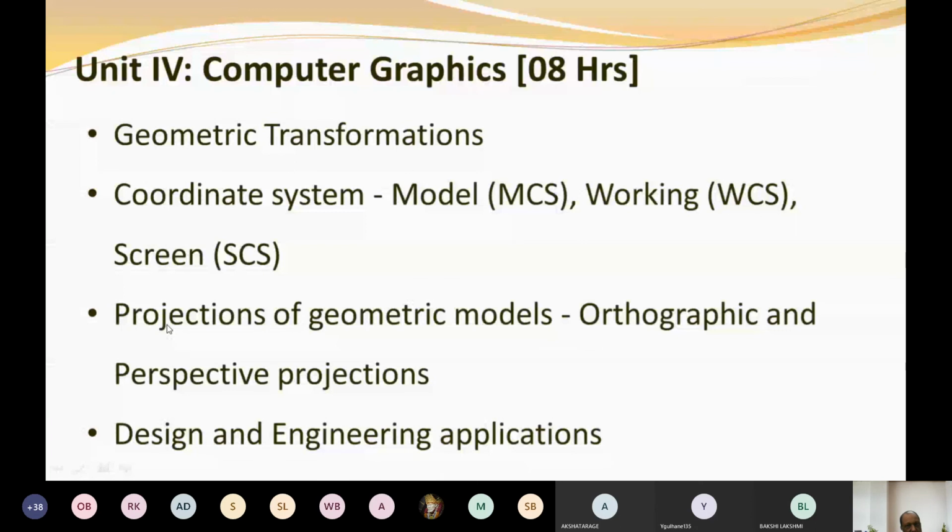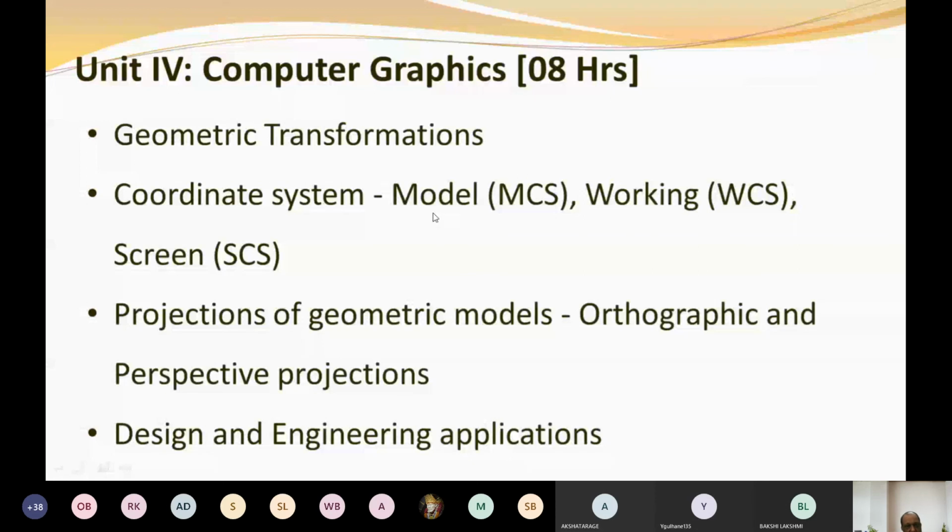So whenever we move the line, naturally the mathematical equation is going to change. How these mathematical equations change and how they are saved, this is geometric transformation. So there is a numerical aspect in geometric transformations, and it is based on numerical equations.